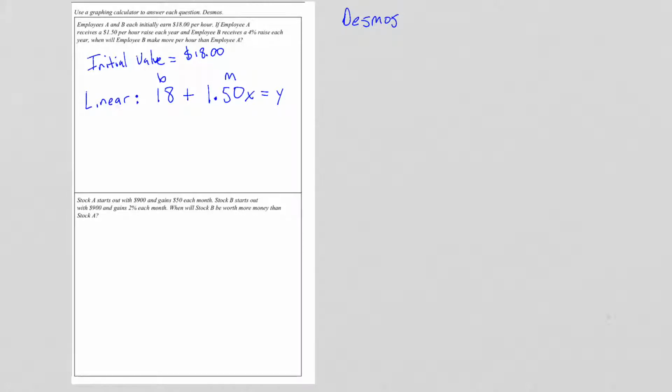Now let's take a look at the exponential version. The exponential, and this, by the way, is for employee B. And then the exponential equation, again, what's our initial value? $18.